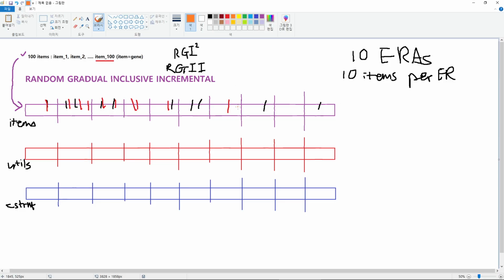From the third era, another 10 items, something like that. So you get how this goes. It's random because everything is chosen from anywhere and everywhere. It's gradual because the number of items increases by the era. It's inclusive because the items or genes that were included in the previous era remain in the next era.